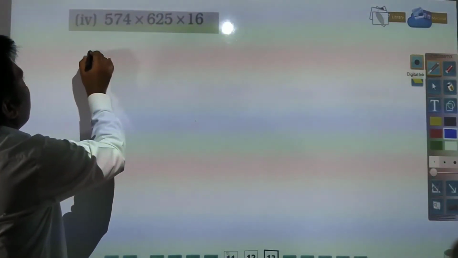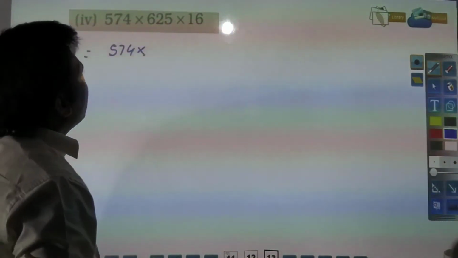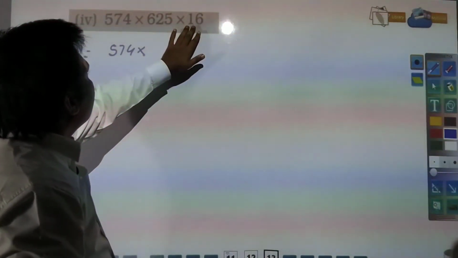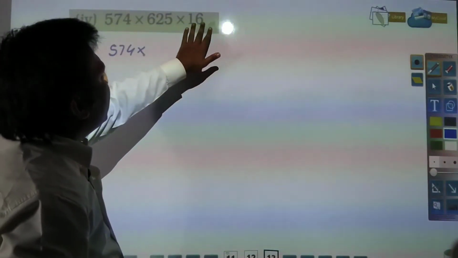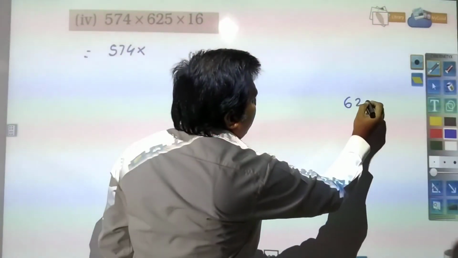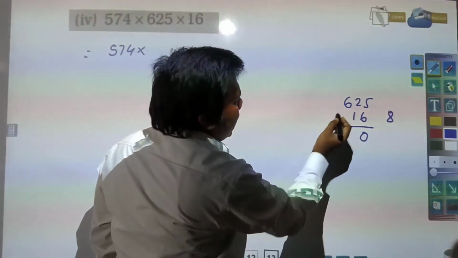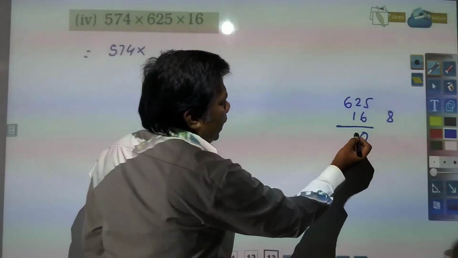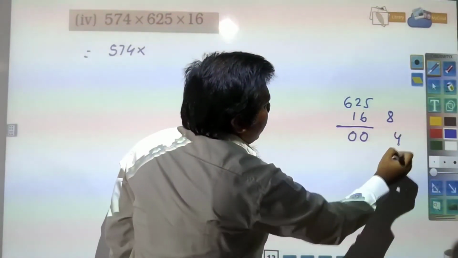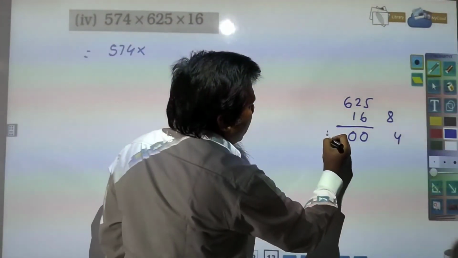Or you can rearrange and multiply 625 into 16. 16 fives are 80, 16 twos are 32 and 8 will be 40, 4 you will have, and 16 sixes are 96 and 4 is 100.